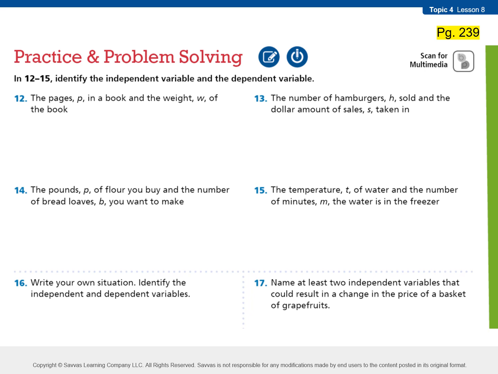Which one's gonna change? Hopefully you said the weight. So the dependent variable is W, which is the weight of the book. And it depends on how many pages are in the book. So the independent variable, which stands alone, would be the pages. So the variable P.